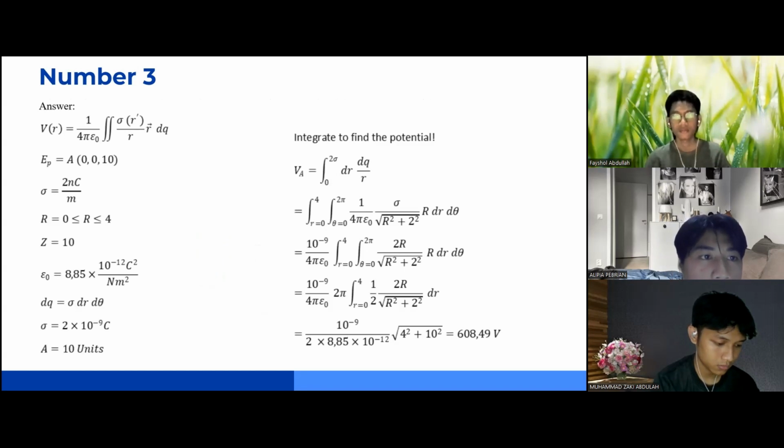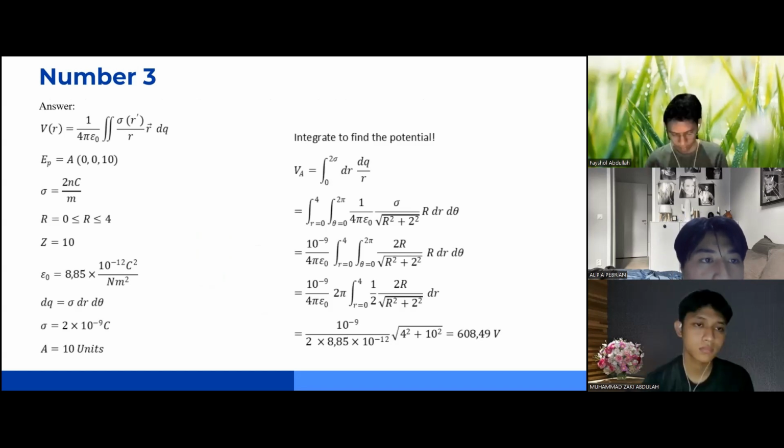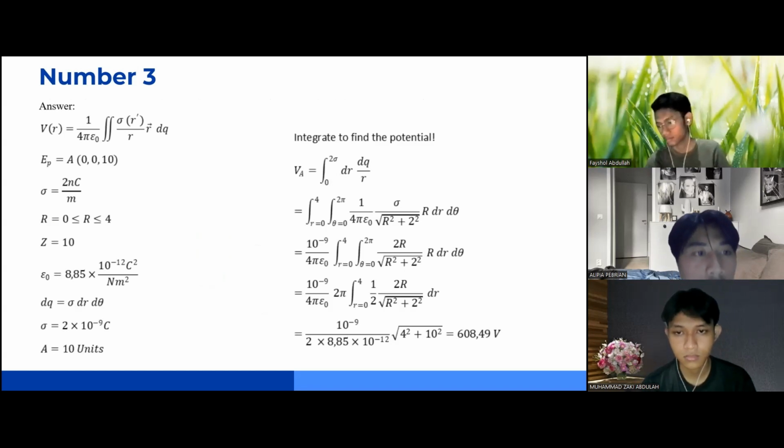Okay, the answer: V(r) = 1/(4πε0) double integral of σ dS' over |R|, times the vector of R, and this is the known, and integrate to find the potential.